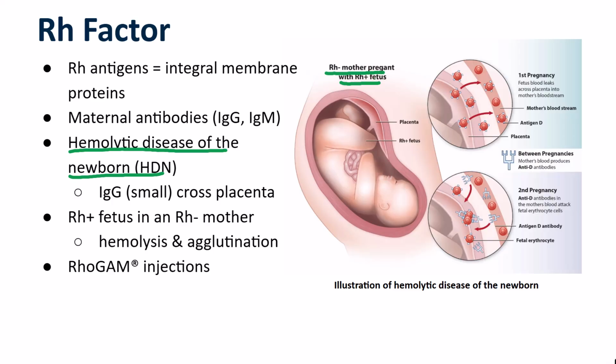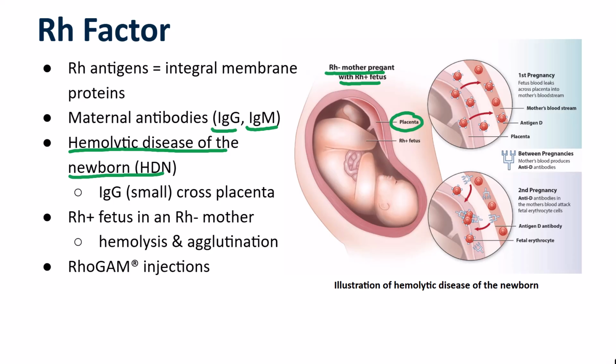The mother and fetus are connected by means of the placenta. Typically, IgM antibodies are too large to cross the placenta, but there are IgG antibodies which are very small.